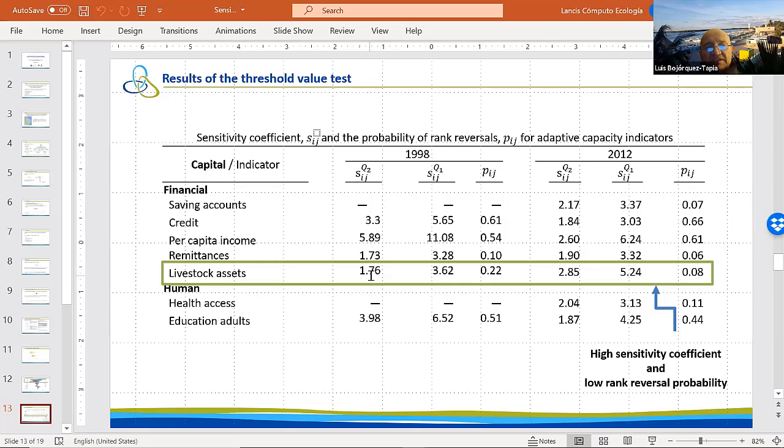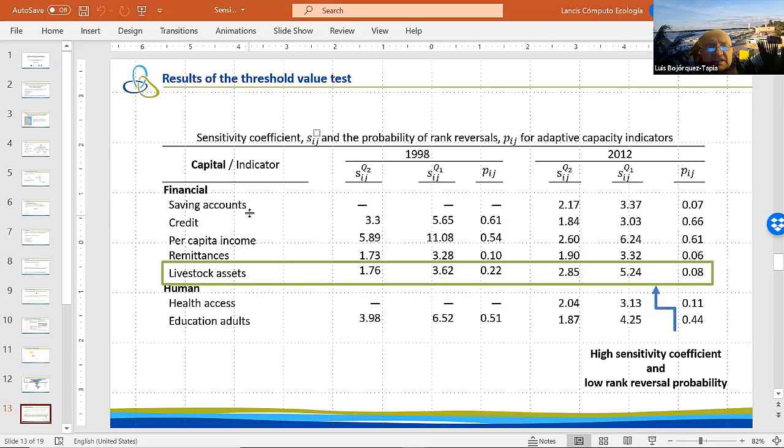We have relatively higher values for the first quartile than for the median, and we have a relatively high probability. The values of the rank reversals for the median and the first quartile increased in 2012, but the probability decreased. When you multiply this value by the probability, it gives you the idea of the overall importance.